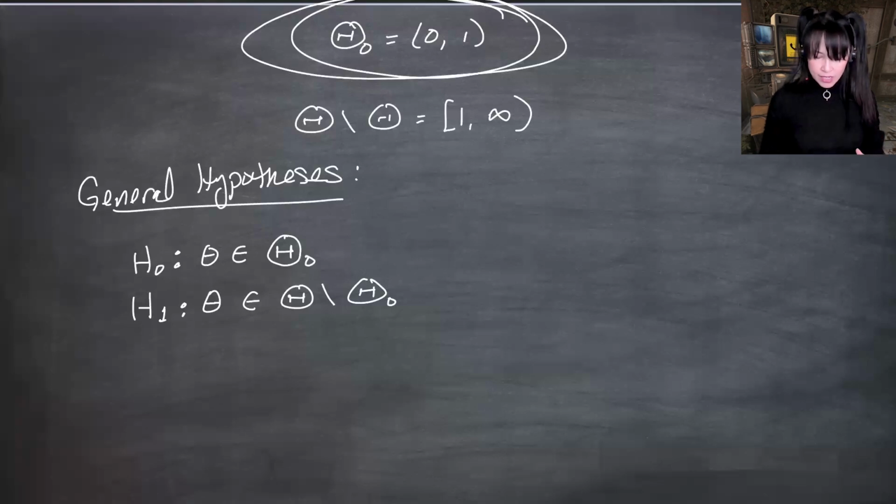Before we get started, I guess we are started. At this point, we're going to change our language just a little bit. So we are used to having what you might call rejection rules for a hypothesis test.